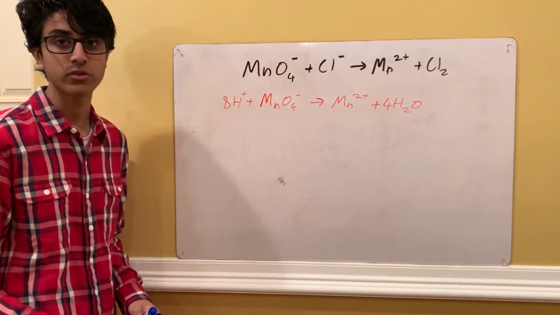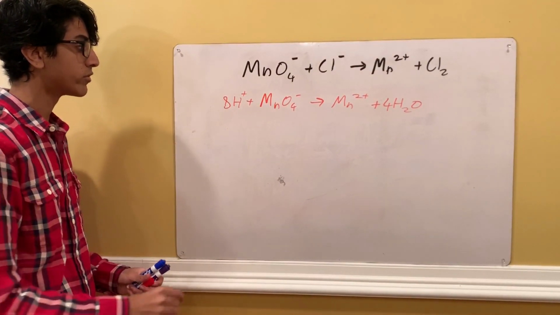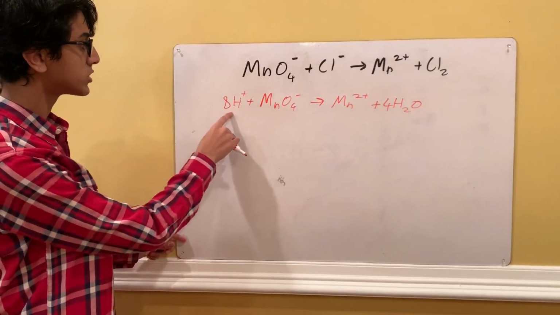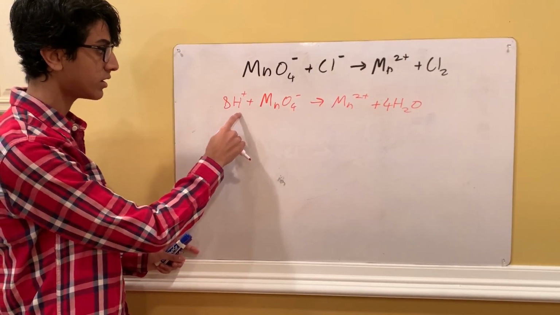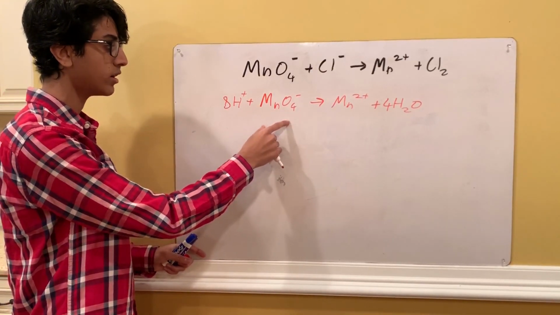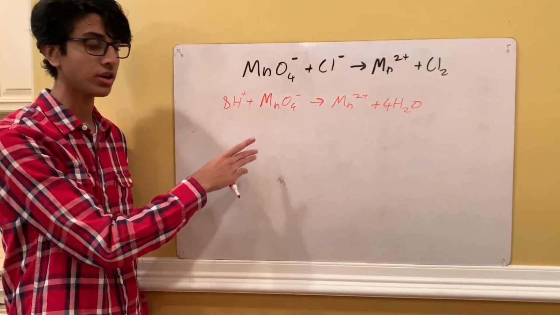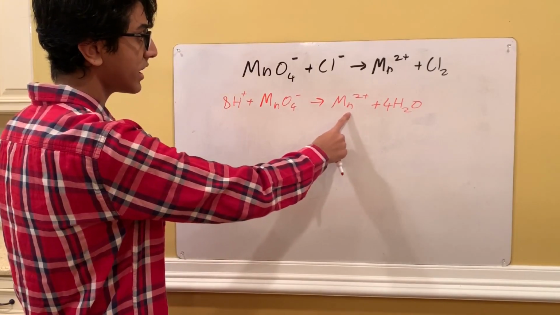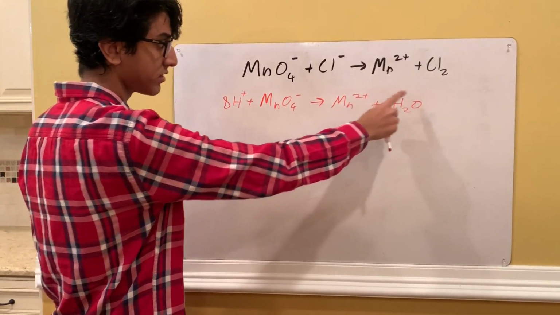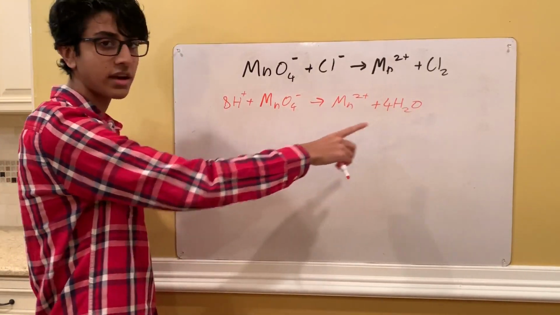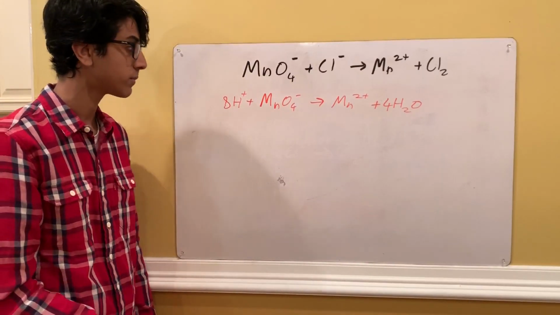But we still have to balance out the charges. Looking over here, this has a charge of 8 plus, this is a charge of -1. Add those together, this entire side has a charge of 7 plus. This side, 2 plus 0, so this entire side has a charge of 2 plus.